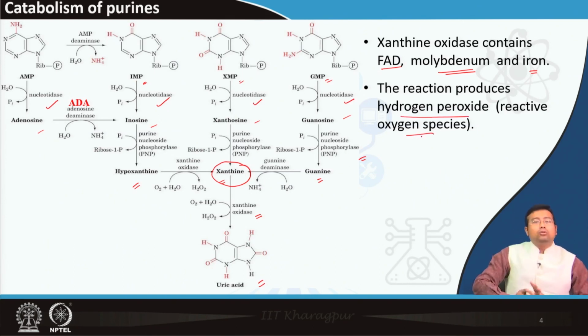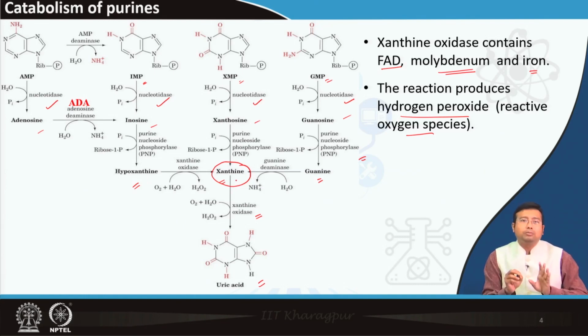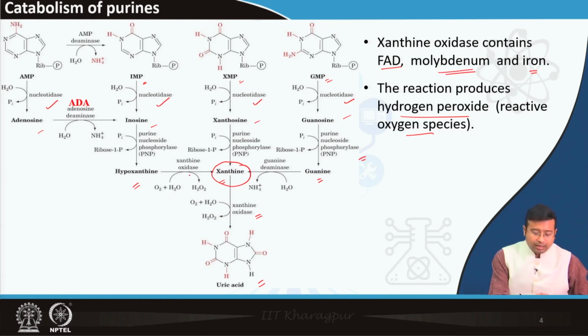What else do we need to remember from this chart? Xanthine oxidase acts not only once but also twice. You can see the hypoxanthine to xanthine conversion also occurs by the same enzyme, xanthine oxidase. This reaction also produces hydrogen peroxide.